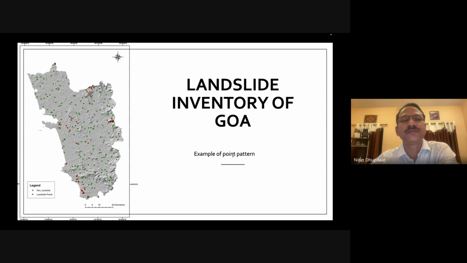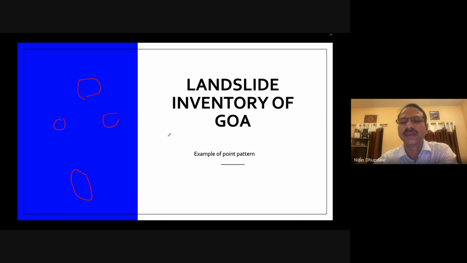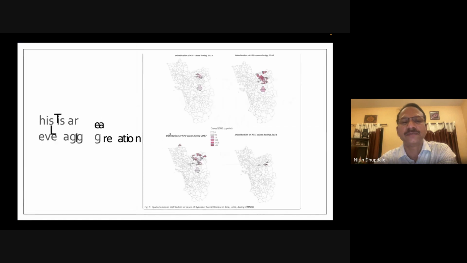This is a point pattern you can see here. These red dots are the landslide areas in Goa. This is one of the studies which is published, and the green dots are the non-landslide areas. So this is an example of a point pattern.